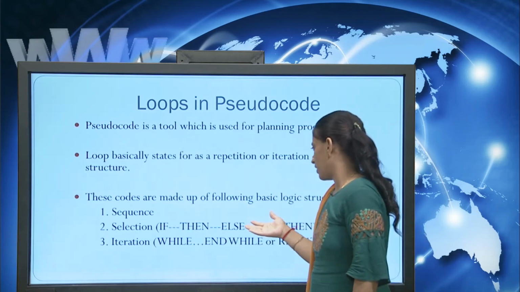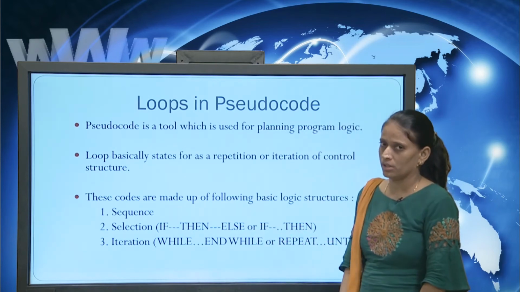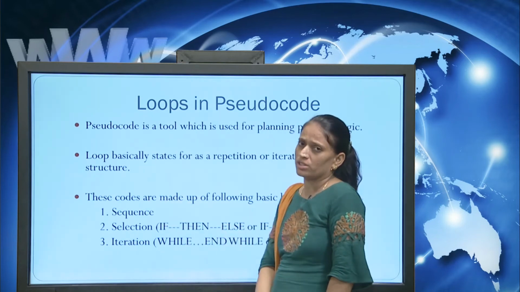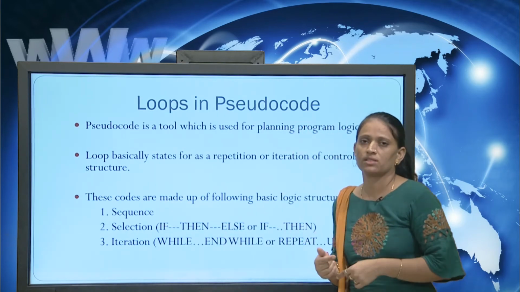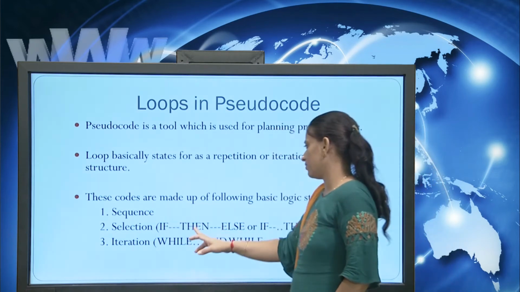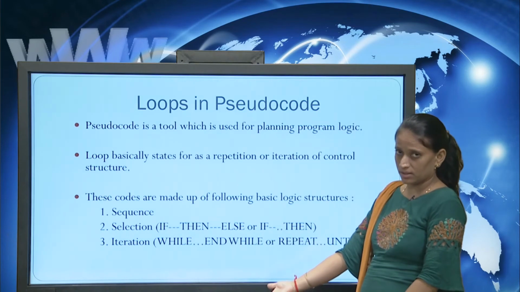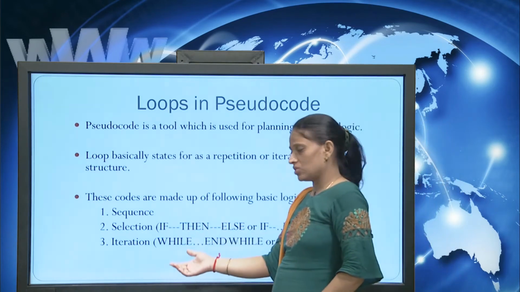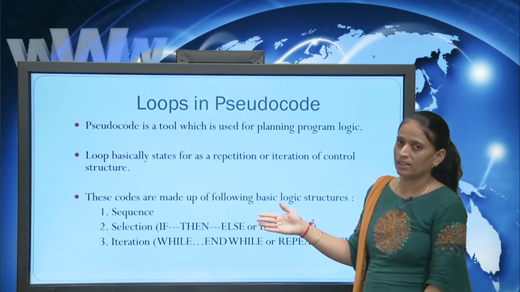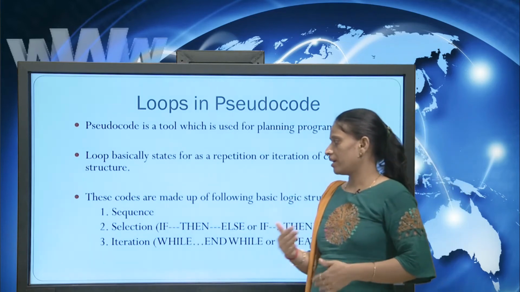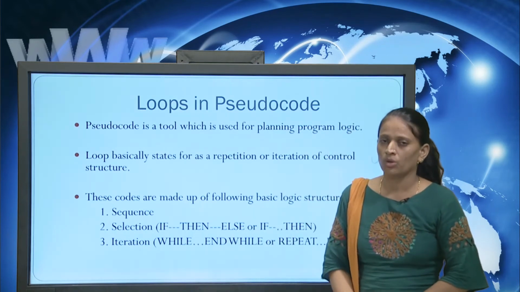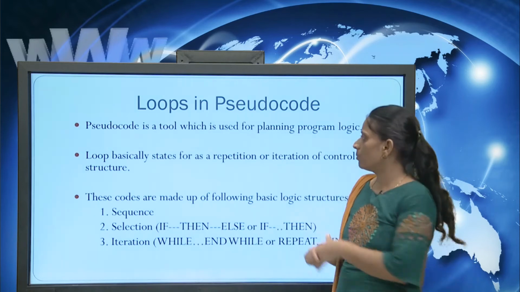There are various kinds of logical structures we can define by pseudo code. First, the sequential structure, where we have a step by step process. A selection structure, like IF, THEN, ELSE. An iteration structure, like WHILE, ENDWHILE, or REPEAT, UNTIL. We can implement this kind of control structure with pseudo code.